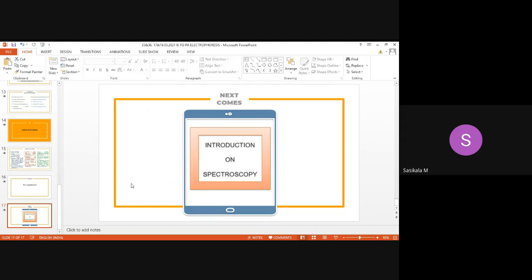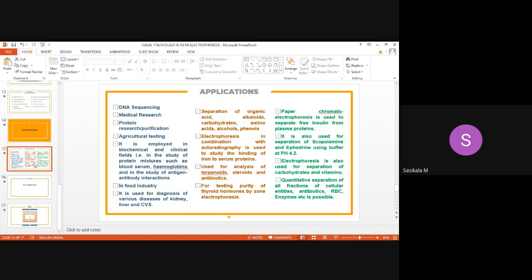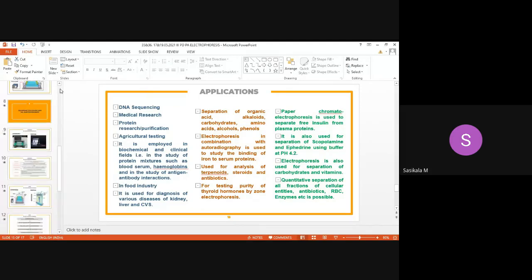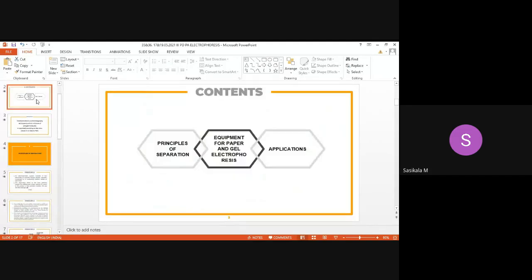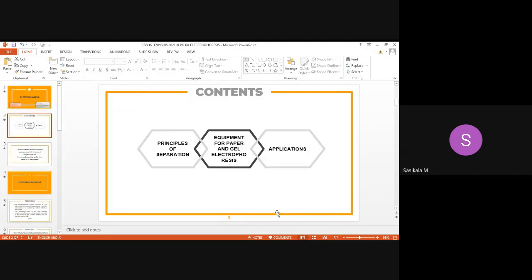With electrochromatography, we are completing all chromatographic techniques. In electrophoresis, we have seen three subtitles: principles of separation, equipment for paper and gel electrophoresis, and applications of electrophoresis. Thank you all.